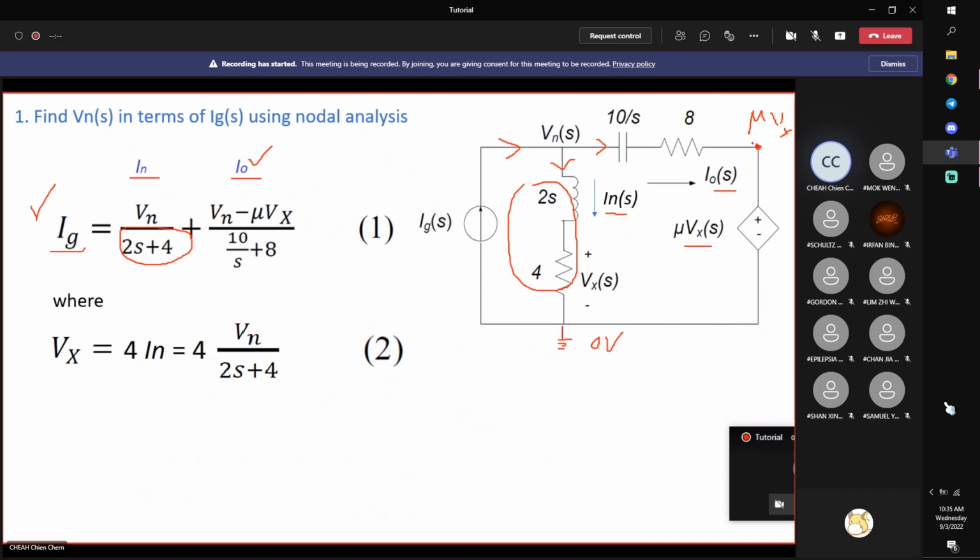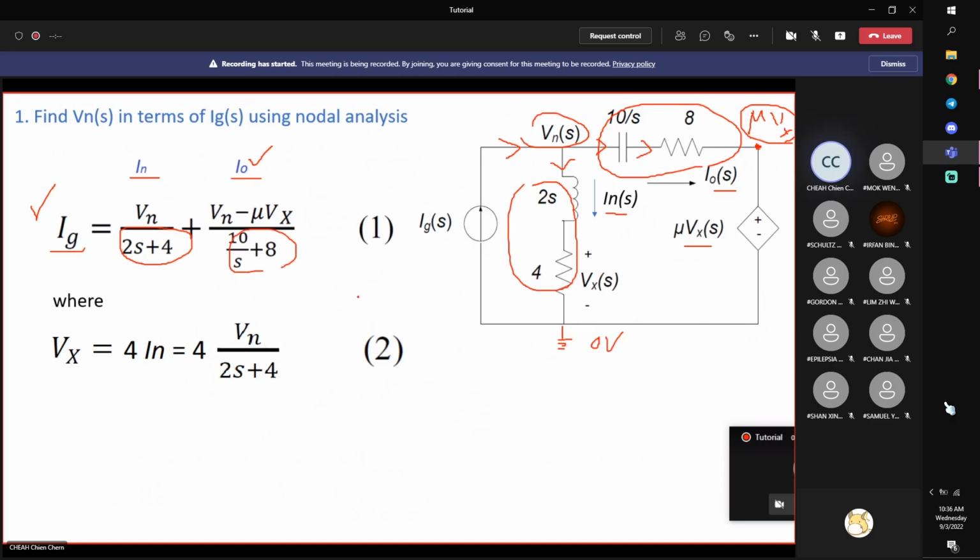The potential difference is therefore Vn minus mu Vx, across the series impedance 10 over s plus 8. This is your current flowing through this impedance. So inflow equal to outflow.